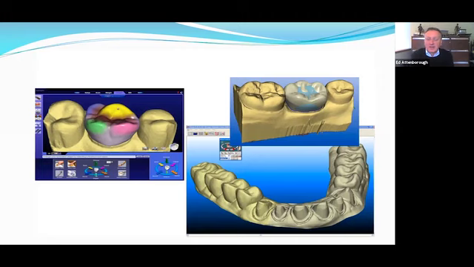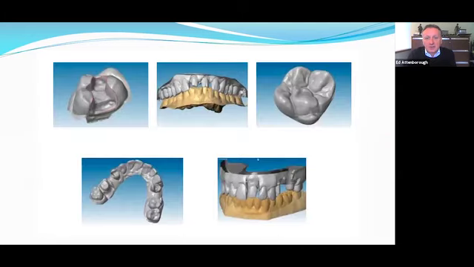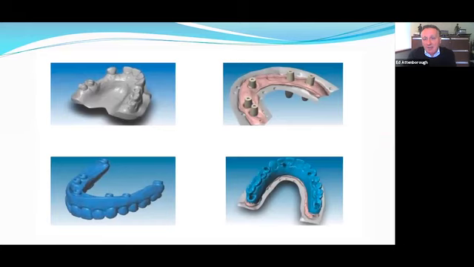So we can see here that the automatic design proposition for crowns is really good: contact points, occlusion, and so forth. So for simple single crowns, the software is really great. We can also do inlays, onlays, veneers, obviously complex bridge work, and we can do implant-borne restorations as well.